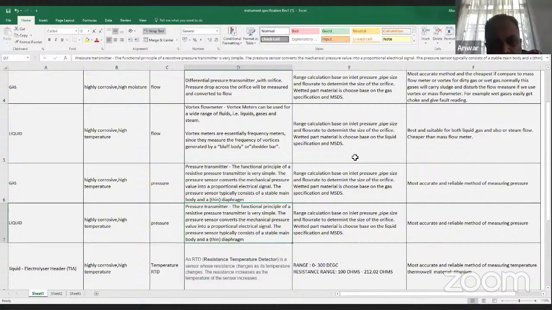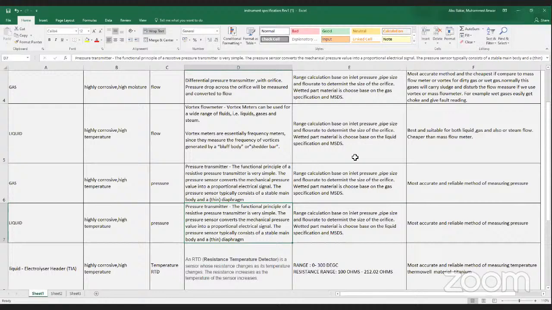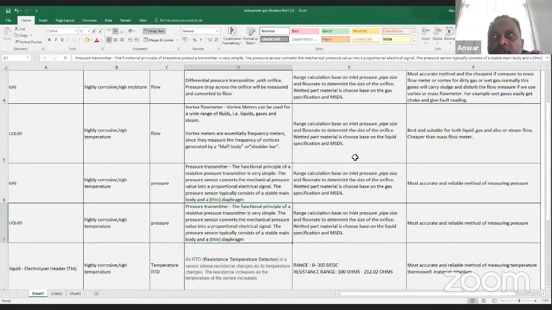Okay. So first and foremost is the objective of why we need that instrumentation. Let's say that this instrumentation is being used to measure the final product quality. You have a continuous operation, and you are directing the product directly into the storage tank after the final process.